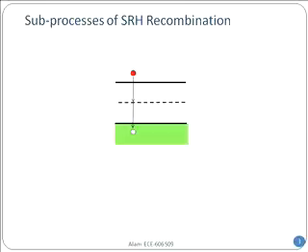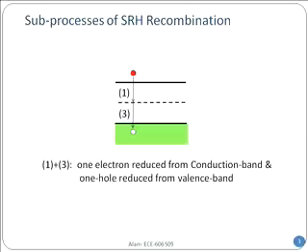So this is going down. We'll call that process 1 and 3, just to give it a name, because we'll be using this later on. Now, there is always an inverse process where an electron from the valence band jumps up to the trap, and from there eventually goes up to the conduction band. So at the end of the day, the net result is one extra hole generated in the valence band and one extra electron generated in the conduction band, and nothing left behind in the trap.